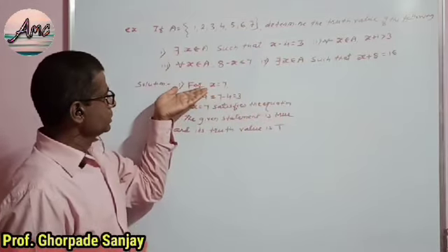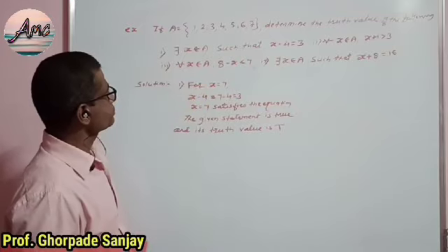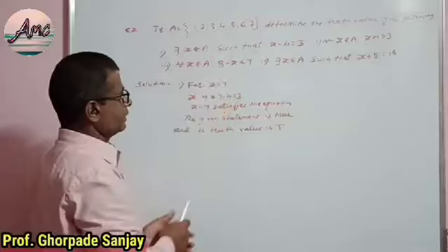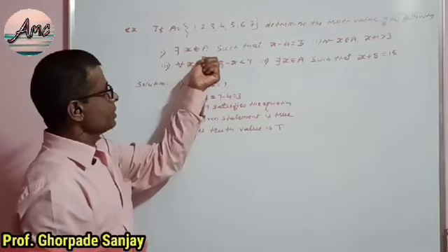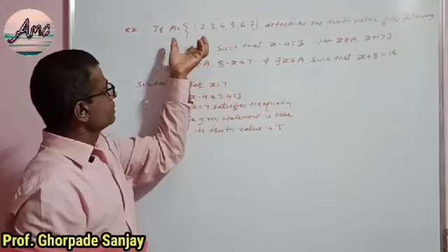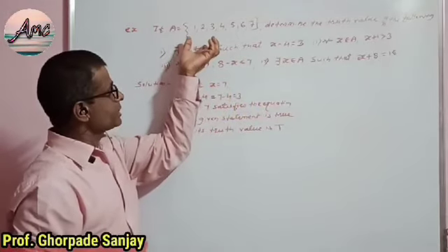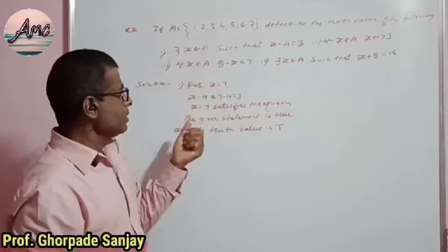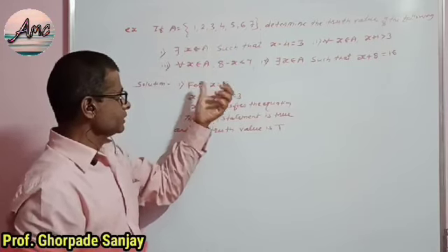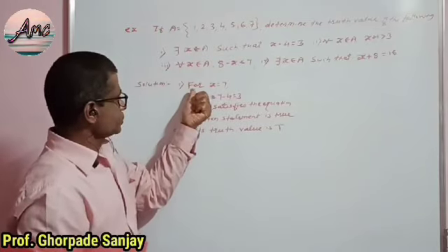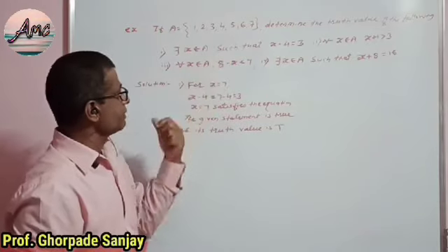So the solution is like this. Take x equal to 7, there is at least one x belongs to A such that x minus 4 equals 3. That means among this set A, if you choose any value, that value of x must satisfy the condition. Say I choose x equal to 7.